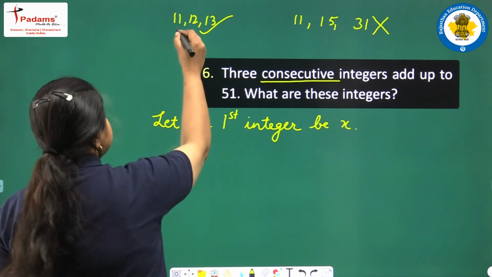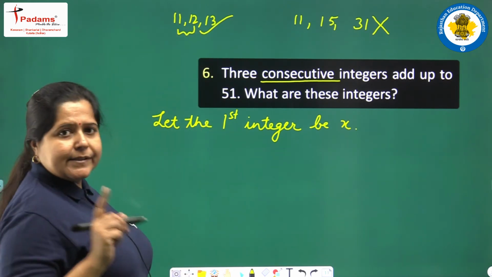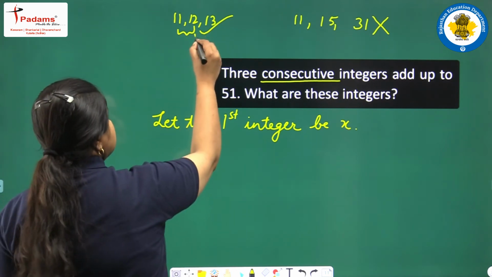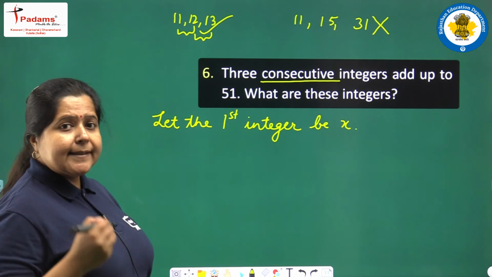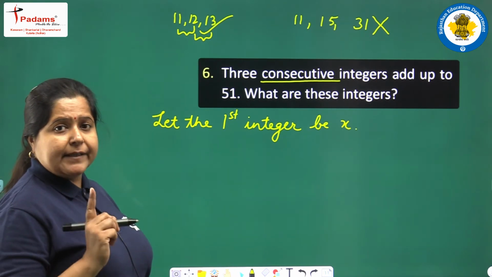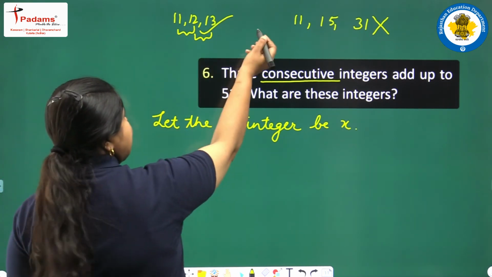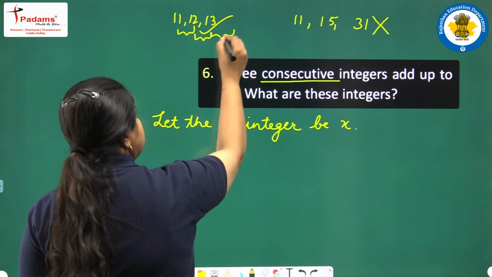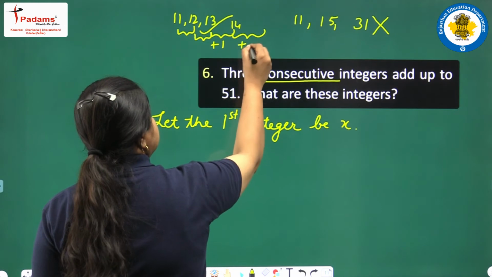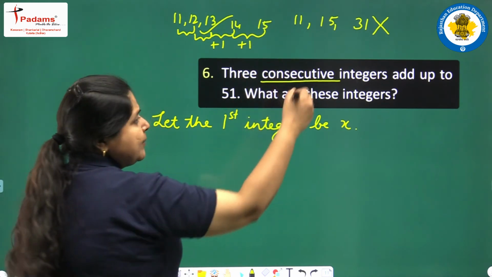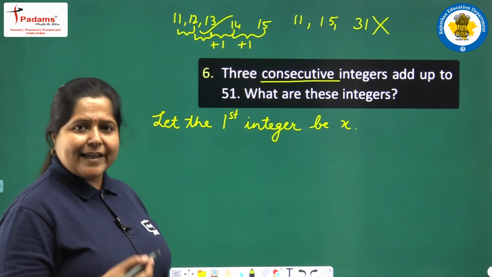You can easily see the difference between 11 and 12 is 1. Again, the difference between 12 and 13 is 1. Or in other words, we get the next number by adding 1. So, if I want to get the next number after 13, I add 1 and get 14. Again add 1 and get 15. Keep on adding 1, and you will get the next number.